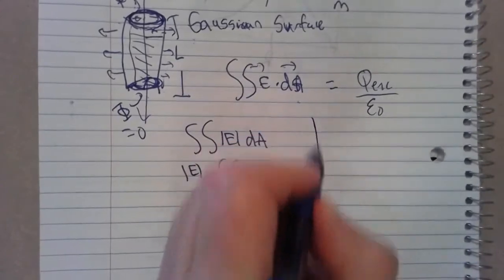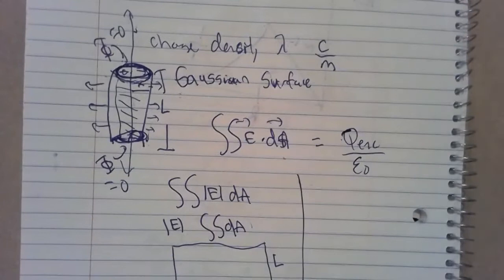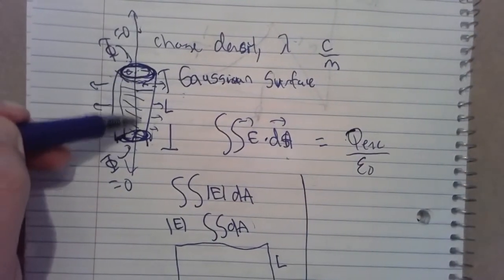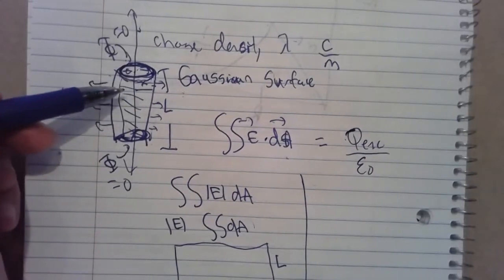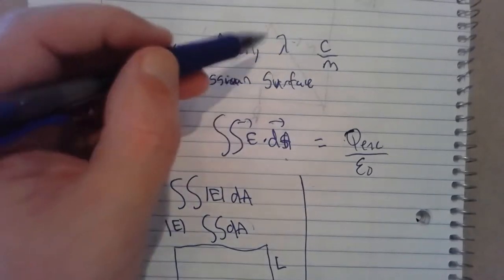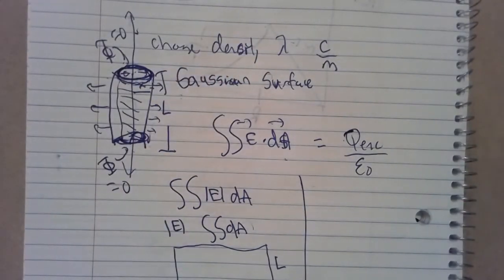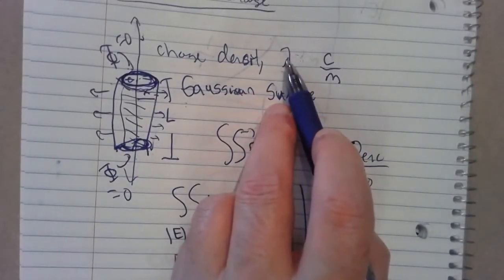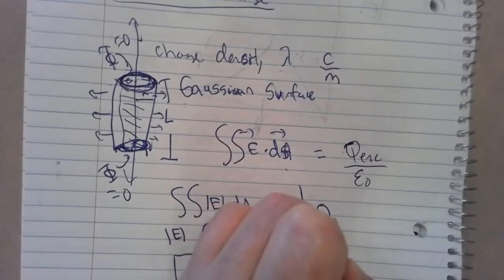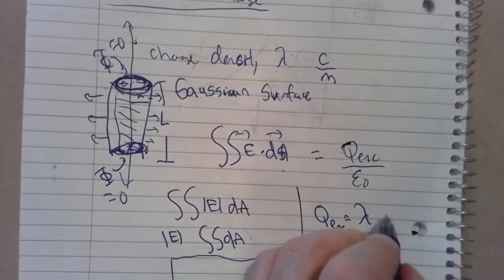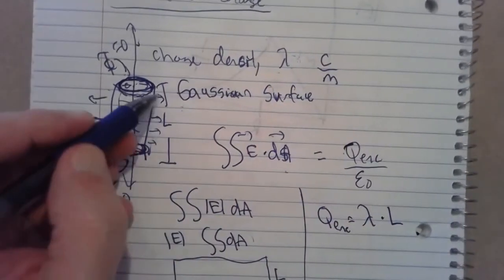That should equal, now on this side, let's work on the other part of the problem. The charge enclosed. I have an infinite amount of charge total. I want to know how much lives inside this cylinder. Charge enclosed is always going to be your density times your appropriate units. That's charge per unit meter, so charge enclosed will be lambda, charge per unit meter, times our length, the number of meters.